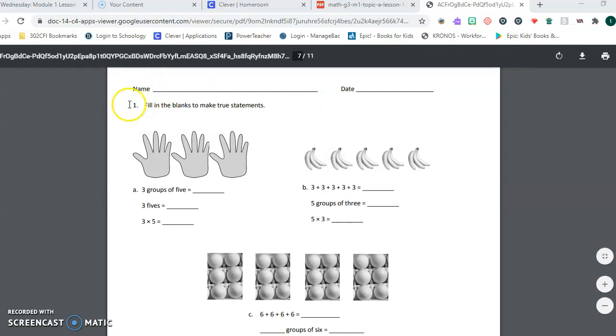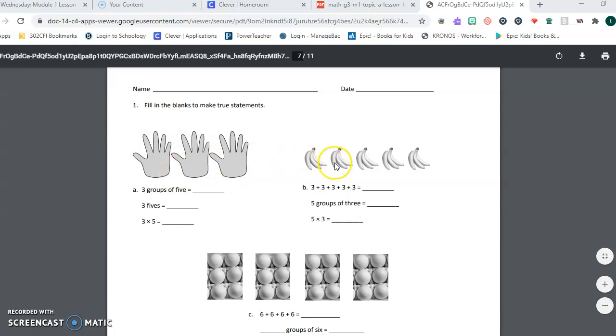In this first picture here, it tells us for number 1, fill in the blanks to make true statements. So we've got some images and then we've got some prompts. So for the letter A, they give us an equation that has the right side of the equation missing.